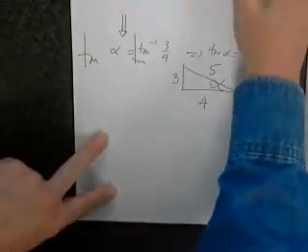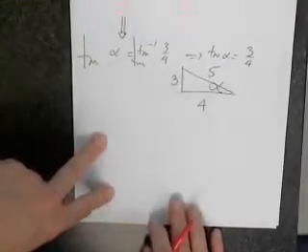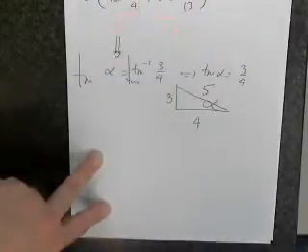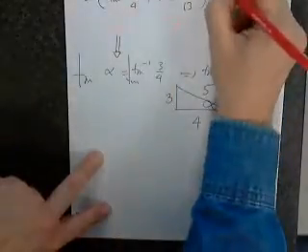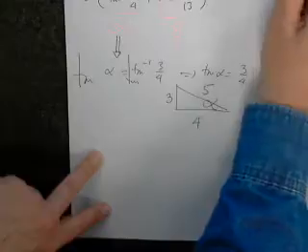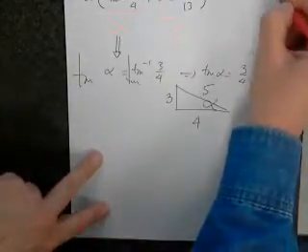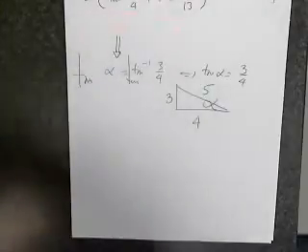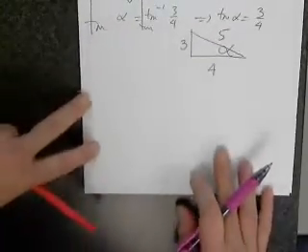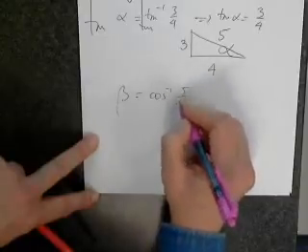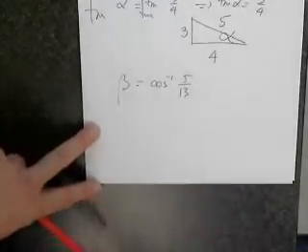So I can identify sine alpha now. How much is sine alpha? Very good. And I can identify cosine alpha. That's it. Now I have to do the same thing to beta. So I have beta equals cosine inverse of 5 over 13.